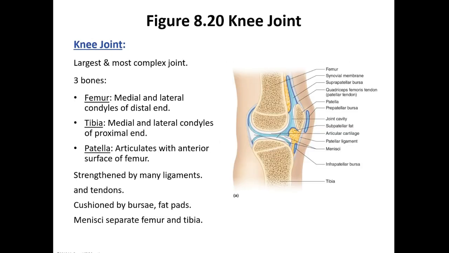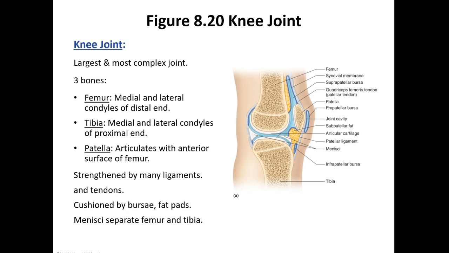Next is the knee joint. Knee joints are said to be the largest and most complex joint in the body. At the knee, we have three bones. One bone that sits at the knee is the patella.